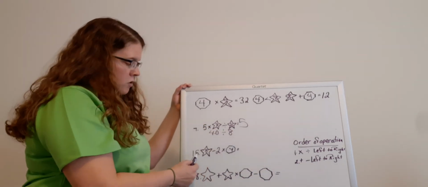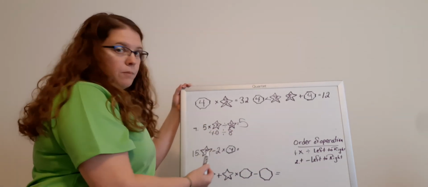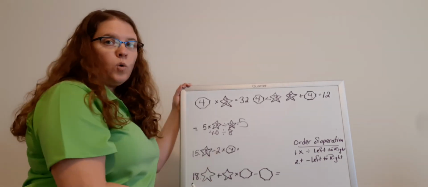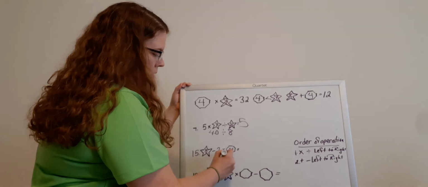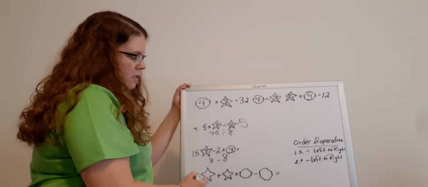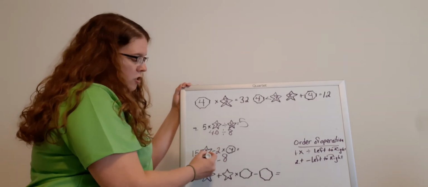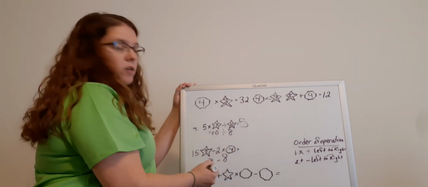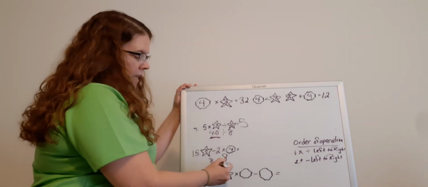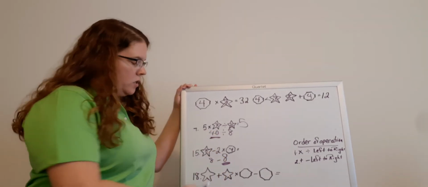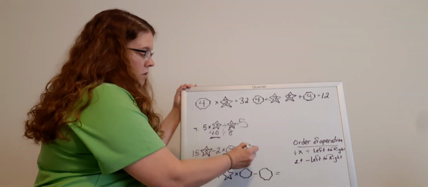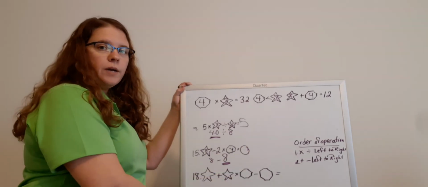So I skip my subtraction, I go to my multiplication. I have to do 2 times 4 equals 8. Now you can bring down your 8 minus if you'd like, or you can keep it up there and just think. But remember, I want to see what you do first, so like your 8 has got to be there. So now I do 8 minus 8. That equals 0. Good job, guys.